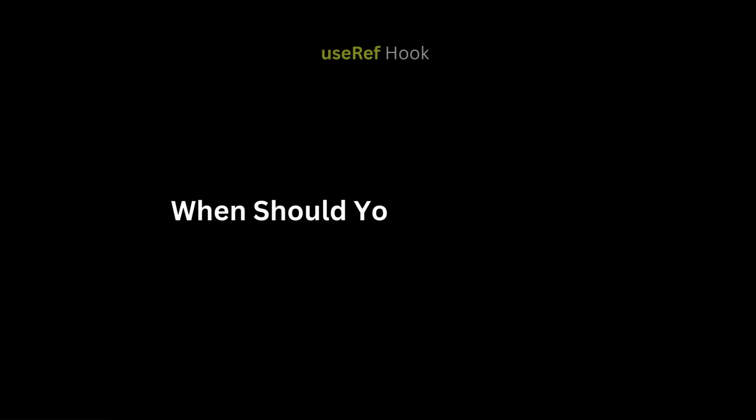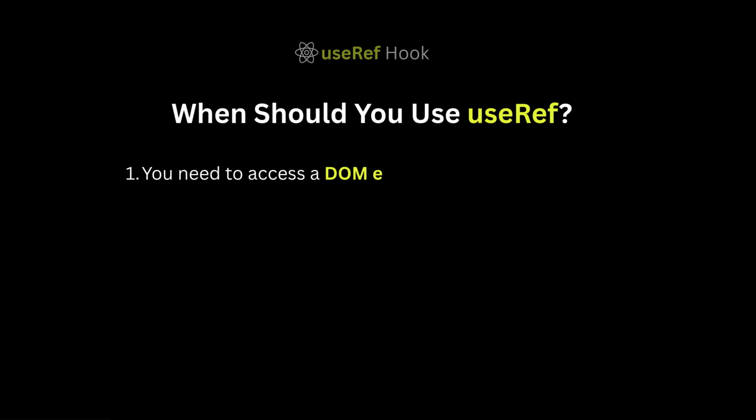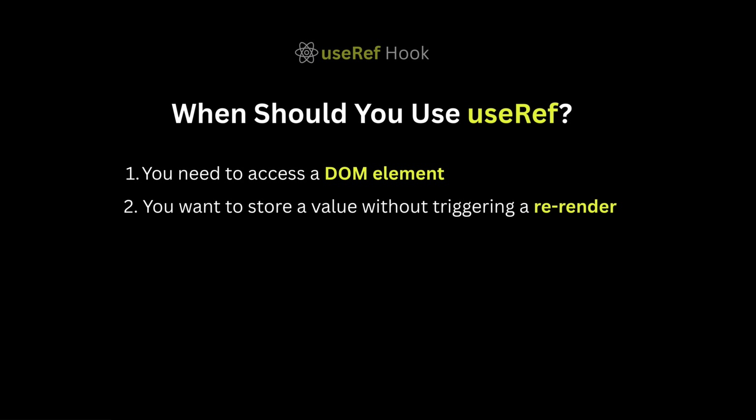So when should you use useRef? Here are four key use cases. Number 1, if you need to access a DOM element directly and you want to modify or access properties of DOM nodes directly. Number 2, you want to store a value without triggering a re-render, a value that doesn't impact the DOM re-render.